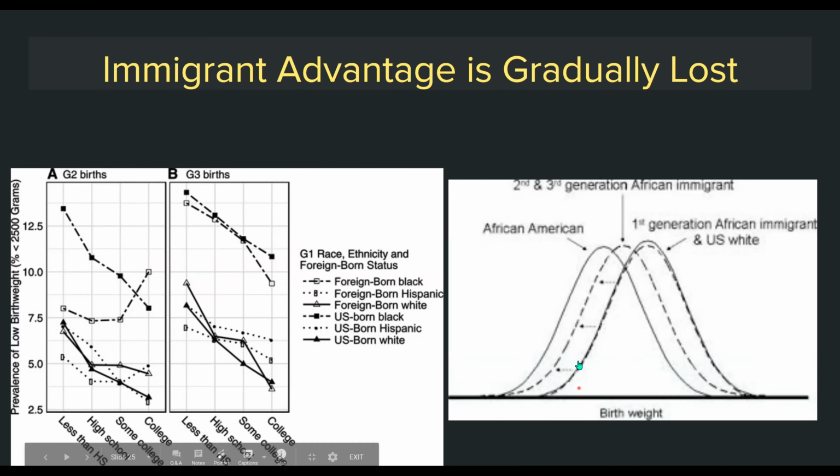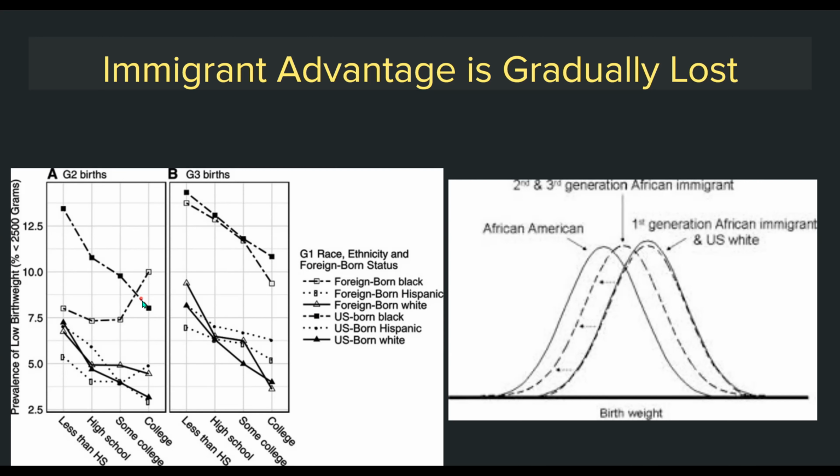So this immigrant advantage is gradually lost. And generally, after someone's been here for about 10 years, their health status wanes. And then in terms of birth outcomes, the second and third African immigrant generation shifts over until it mirrors the African American. And that's what this is showing. So this is the first generation, how you would categorize them.